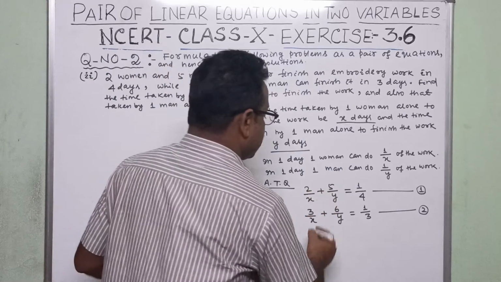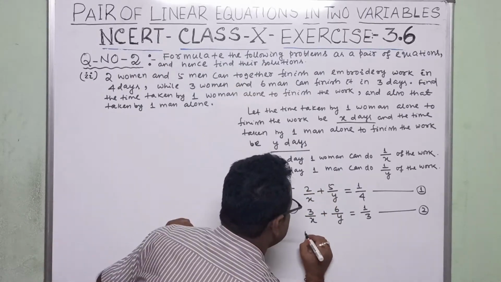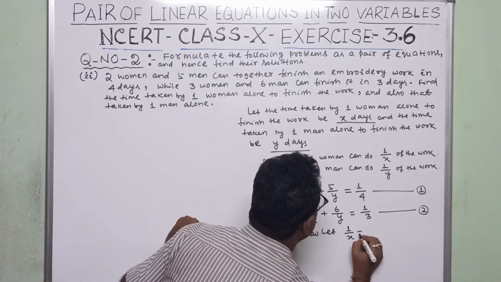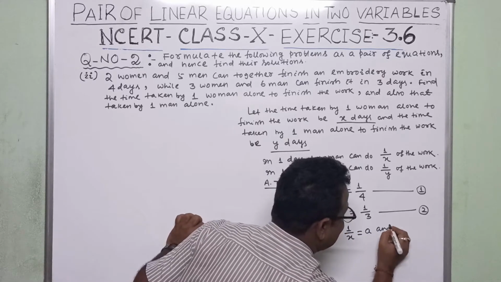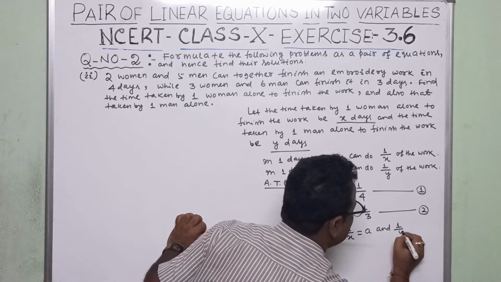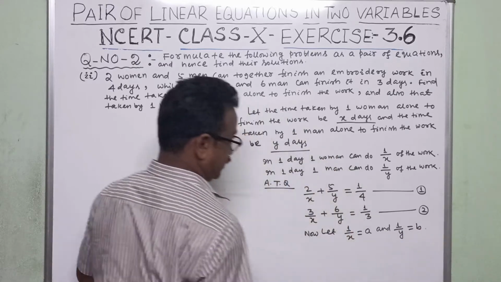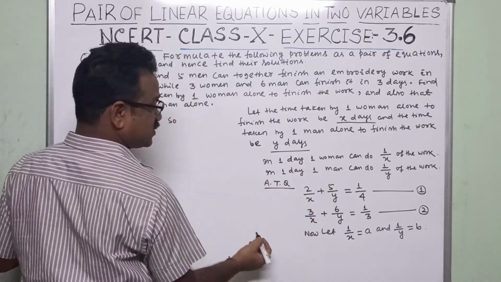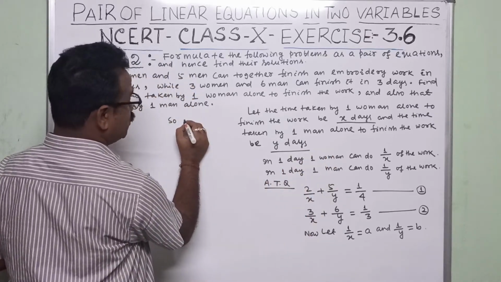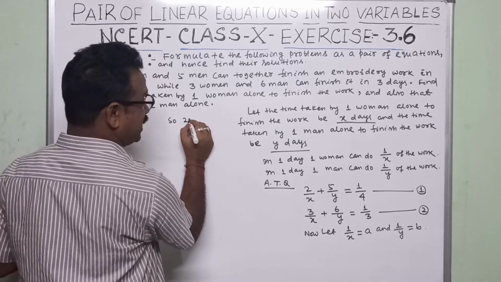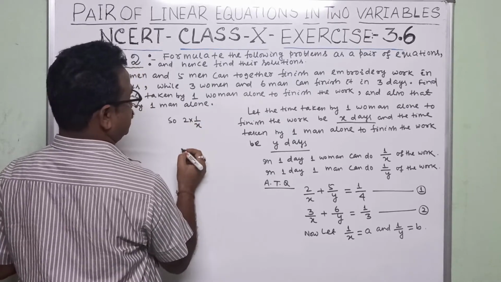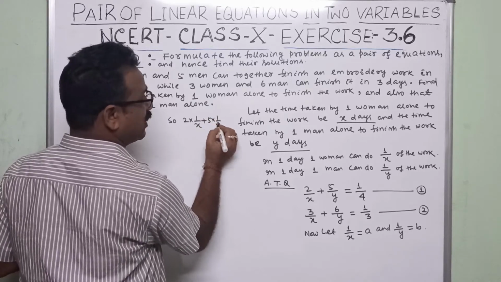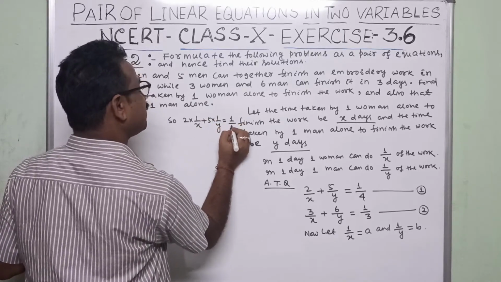So here, let 1 by x is equal to a and 1 by y is equal to b. So first equation, 2 by x, 2 into 1 by x plus 5 by y, 5 into 1 by y is equal to 1 by 4.